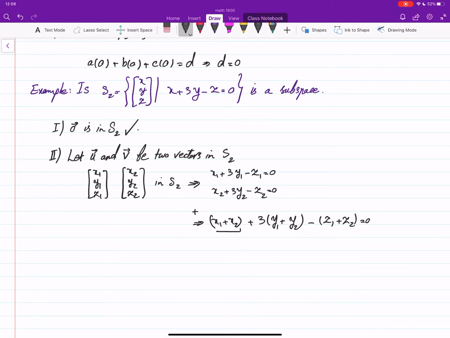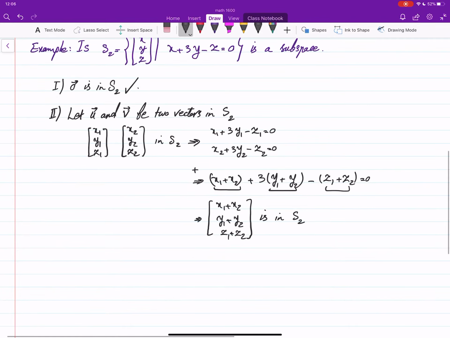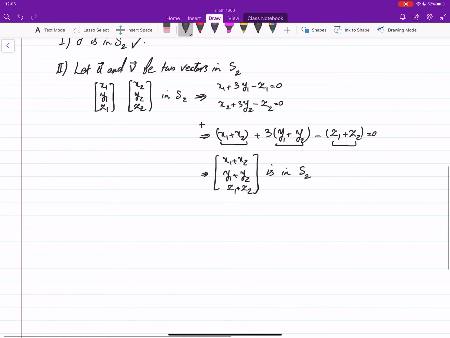And look, this is the first component of this vector, this is the second component, and this is the third component. What we see here means that this vector is in S2.